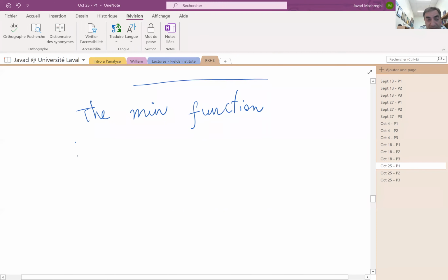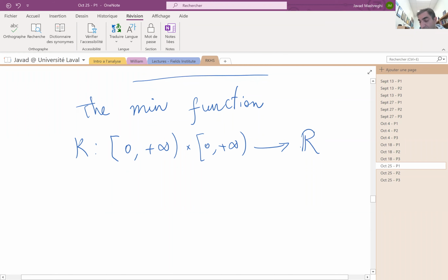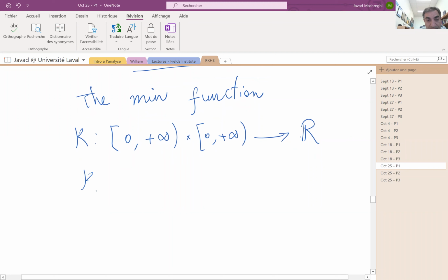We define k on 0 to infinity times itself with values in R by a very simple formula: k(x, y) is the minimum of x and y.